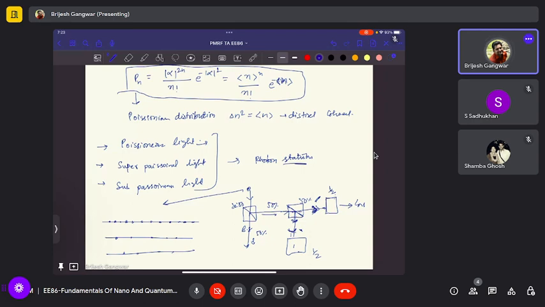You can count them, but there are a number of photons at the same time. Let's say 10 photons come on this, then half will go this side and half will go this side, right? That is in classical only.